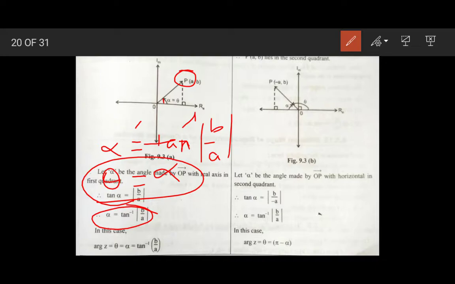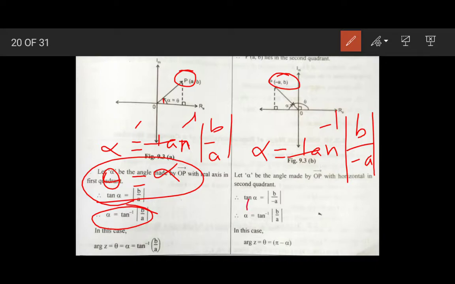Now the second quadrant means A is negative and B is positive. When we have A negative and B positive, the point lies in the second quadrant. In the second quadrant, first we have to find alpha. So alpha will be tan inverse B upon minus A, which is again B upon A in modulus. After finding alpha, I am interested in theta, because my argument or amplitude is theta, not alpha.